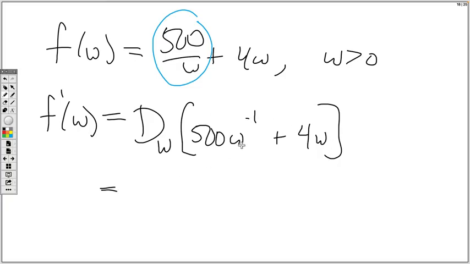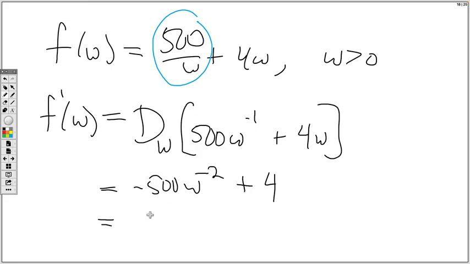So now we should be good to go. What's the derivative of 500w to the minus 1? Minus 500w to the negative 2. What's the derivative of 4w? 4.